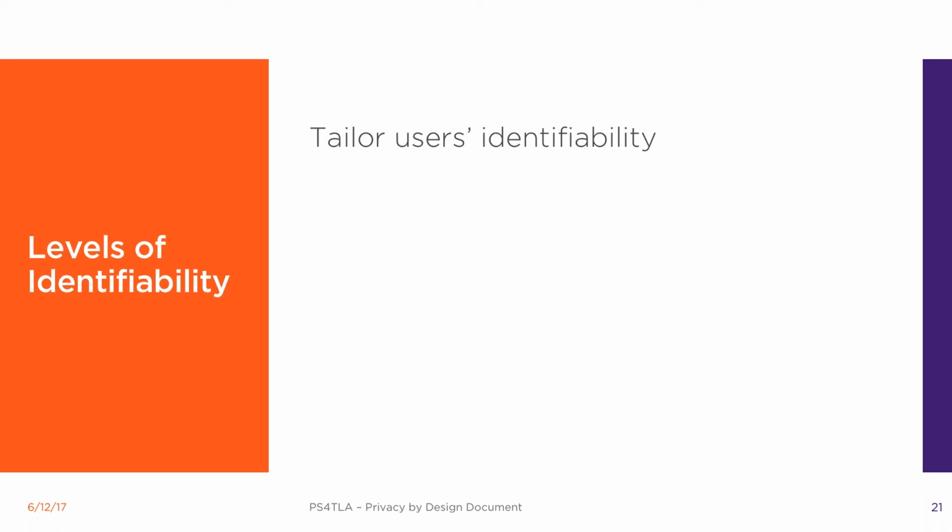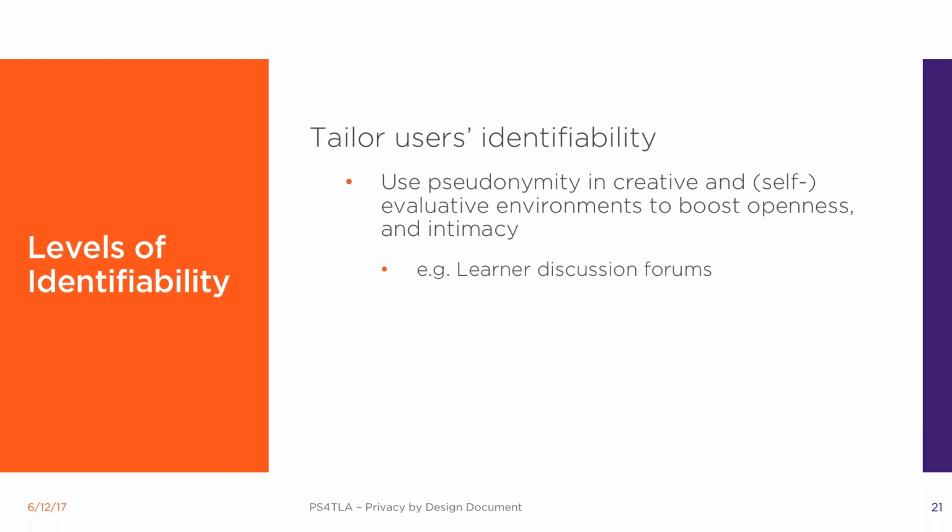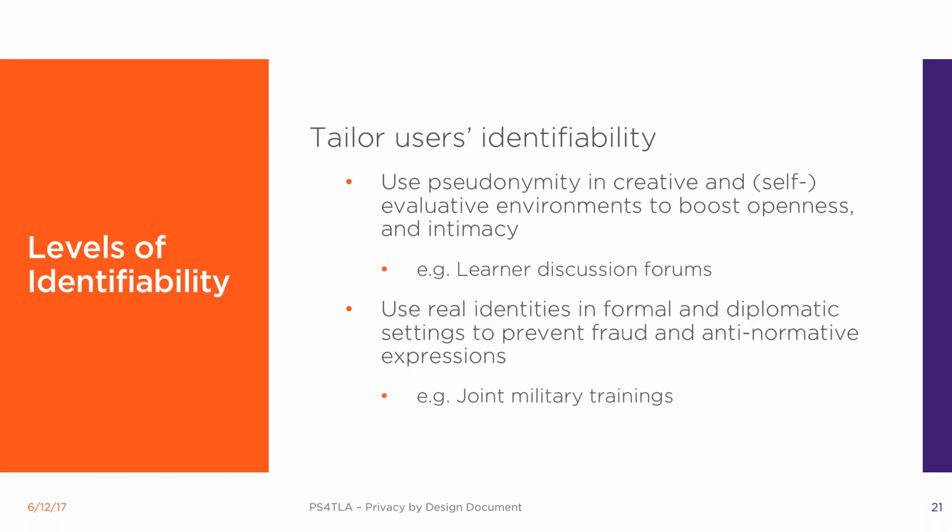However, there are also situations where pseudonymity can have a negative effect. For instance, in more formal or diplomatic settings, for instance, when you're conducting a joint military training between two forces, in that case, you can use users' real identities to prevent fraud and anti-normative behavior.